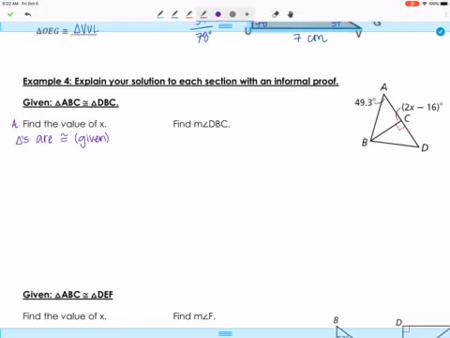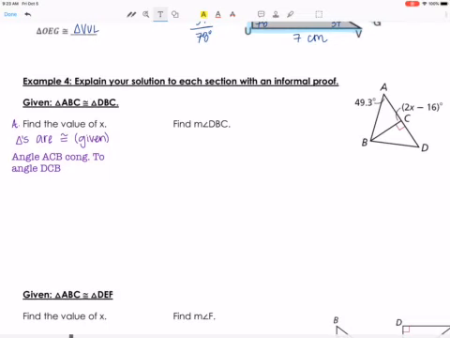Then I would say angle ACB should be congruent to angle DCB. And really, I could also just say, because that's also given, right? Based off the congruency statement, I know that those two angles should be the same size.